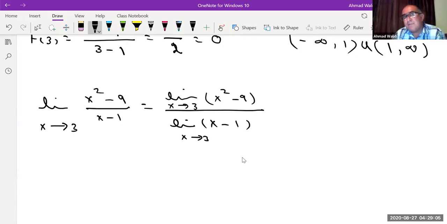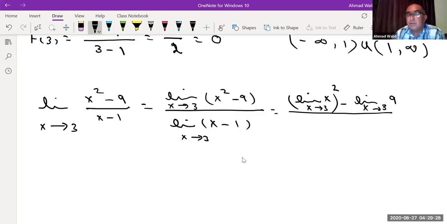In the top, I have subtraction, so I can separate those. I can write the limit of x as x approaches 3, then to the power of 2, minus the limit as x approaches 3 of 9. Denominator, same thing: the limit of x as x approaches 3 minus the limit of 1 as x approaches 3.